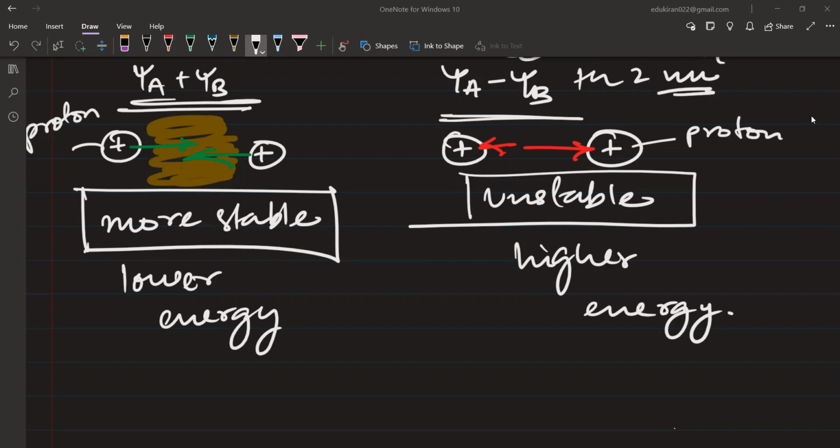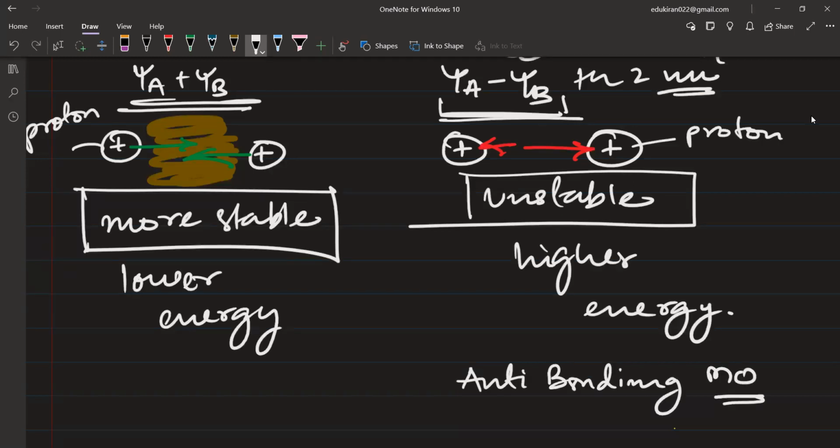Now, when this is more stable, formation of bond will take place. This is a linear combination of atomic orbitals, LCAO. But in this case, we are not forming a bond. That is why it is known as anti-bonding molecular orbital.